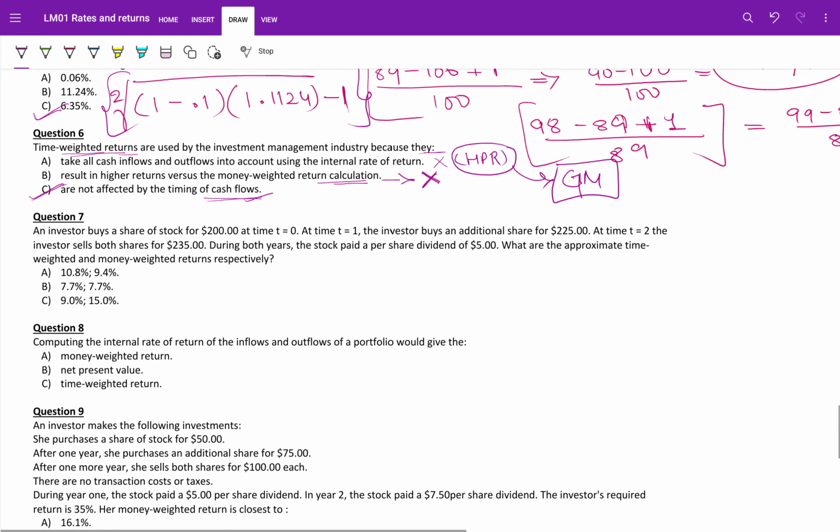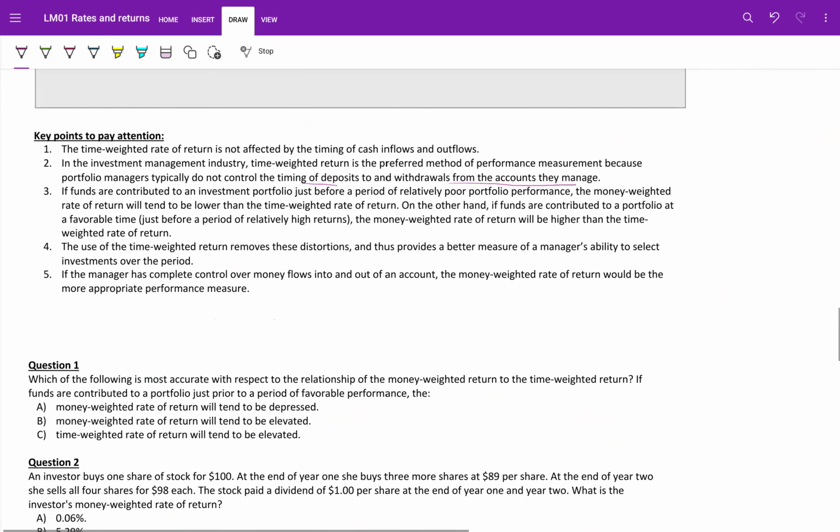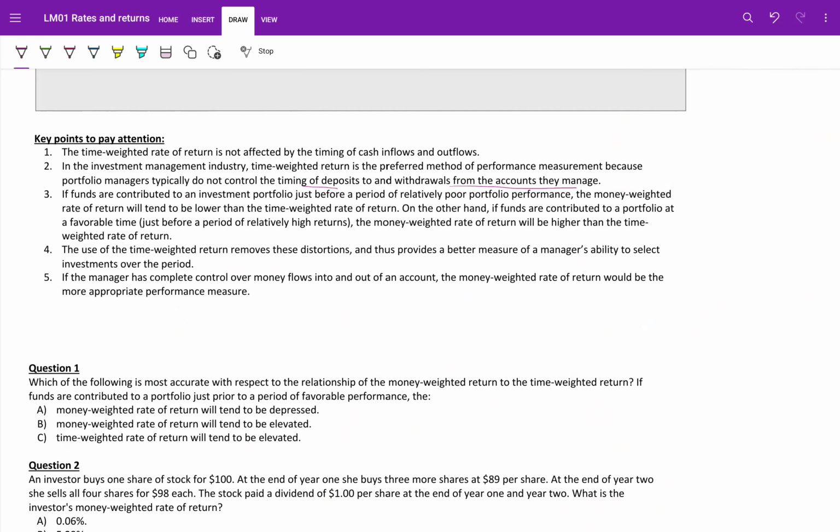And this is what we also have here. If funds are contributed to an investment portfolio just before a period of relatively poor portfolio performance, the money weighted rate of return will tend to be lower than the time weighted rate of return. On the other hand, if the funds are contributed to a portfolio at a favorable time, just before a period of relatively high return, the money weighted rate of return will be higher than the time weighted rate of return.